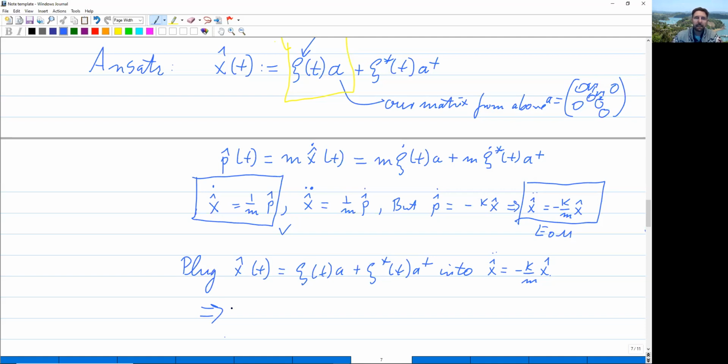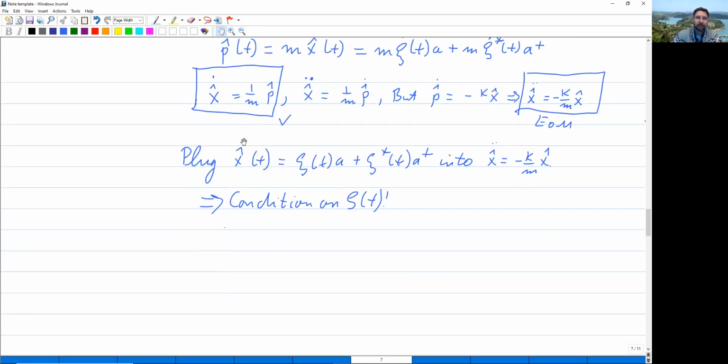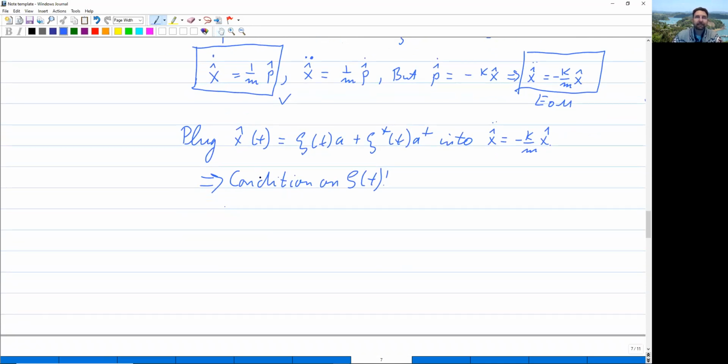that there's a condition on psi of t. And what is that condition? Well, you can verify very easily yourself. The condition is that the psi itself obeys the equations of motion.